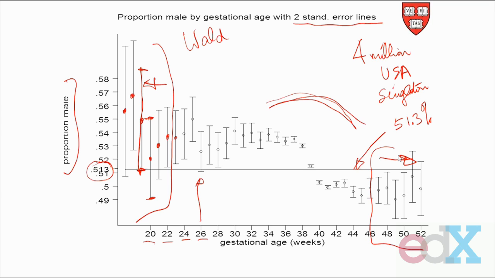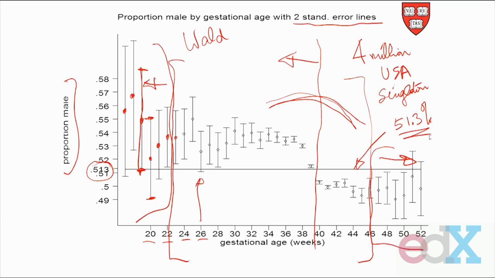But anyway, so even within this region, so let's say inside here, what are we seeing? What we seem to be seeing is that down here, relative to the 0.513, relative to this line, we have a preponderance of males.